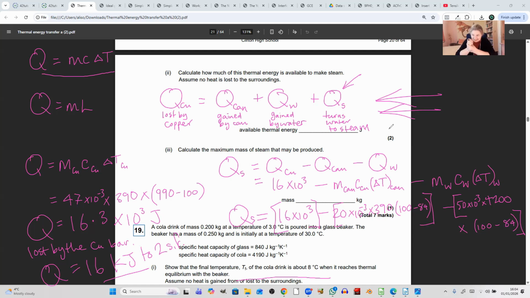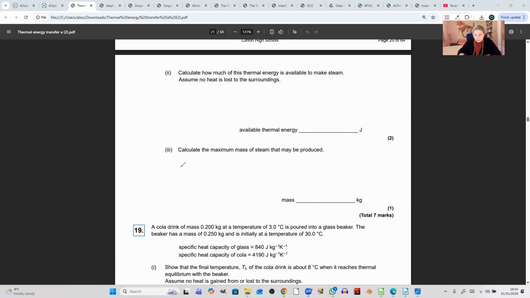It really, really does. Right now, I can't be bothered to do all of those sums, but it's not difficult. Once you've got Q for the steam, that you're calculating there, you can do Q for the steam is equal to mass times the latent heat.